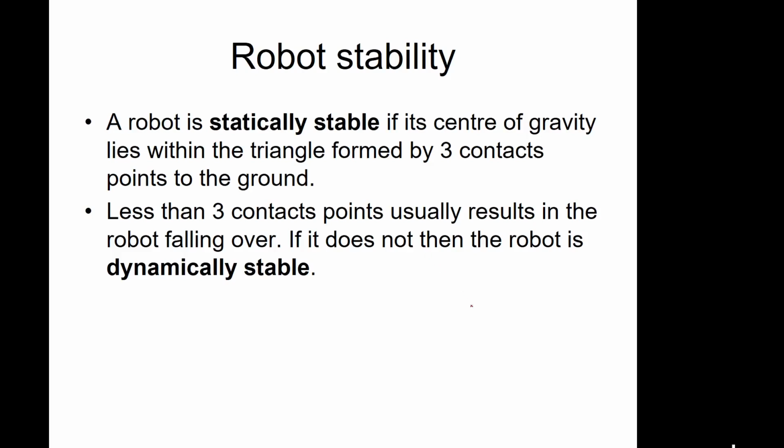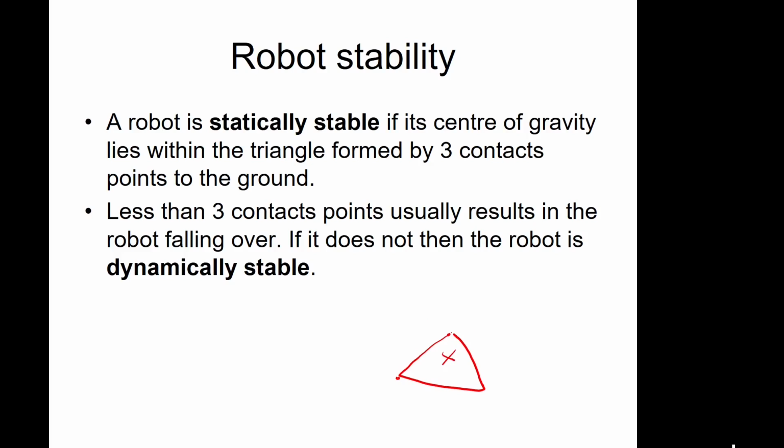So if you have at least 3 points of contact, and you draw a line between these, if your center of gravity falls somewhere in there, then the robot is stable.